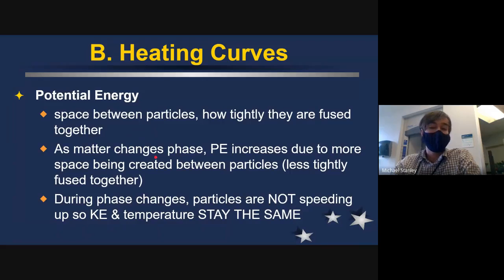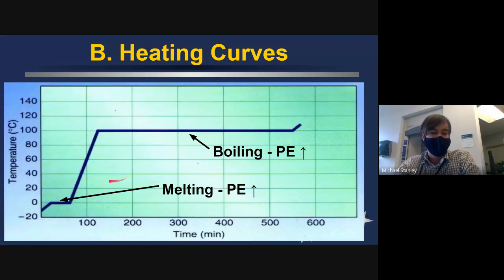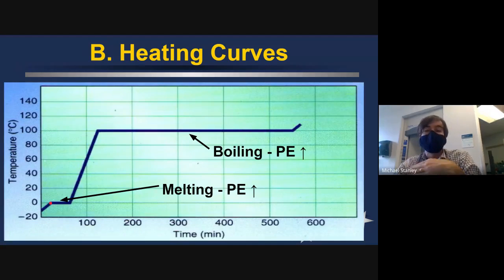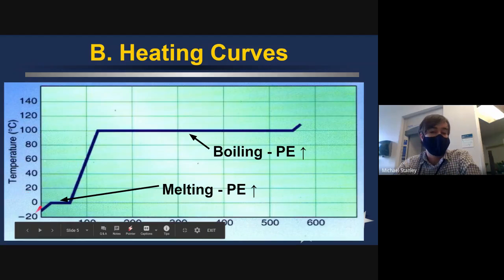So if we go back to our heating curve, we start off with that really cold block of ice. It gets warmer and warmer until it hits that melting point, which in the case of water melts at 0 degrees Celsius. So once that ice block hits 0 degrees, it starts to melt. And while it is melting, even though it is sitting on a stove that has the heat turned on, that icy water isn't getting any hotter.